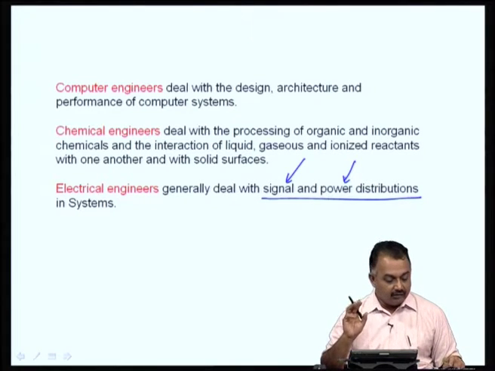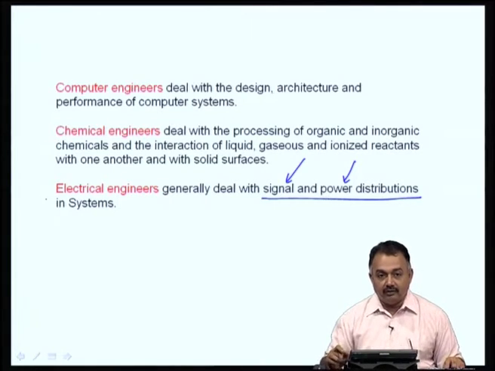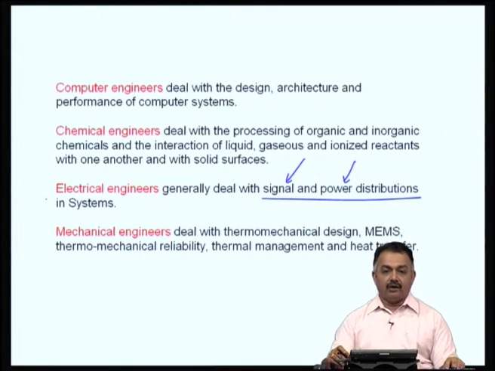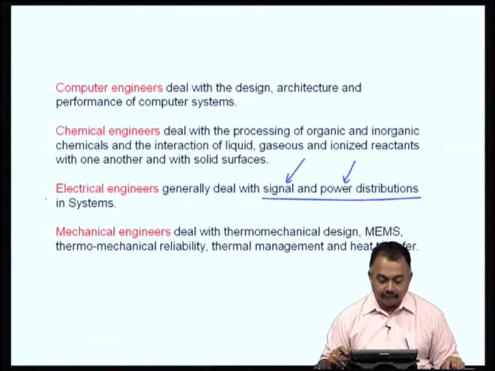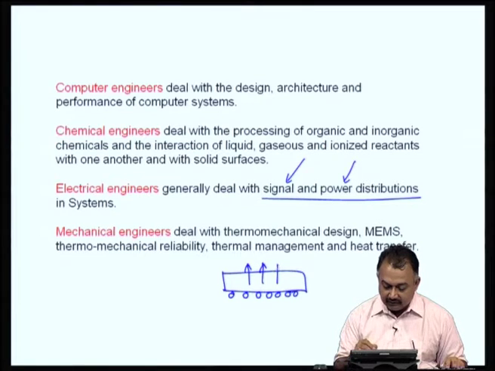And for that, these electrical engineers should work with materials engineers to get a very good, reliable system. Mechanical engineers contributing to packaging can work with thermomechanical design. For example, I talked about a package. There is going to be a lot of heat dissipated from this device.